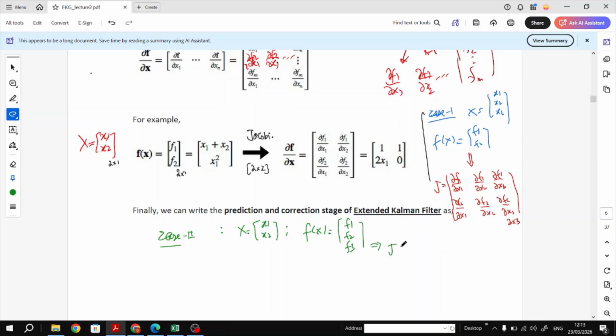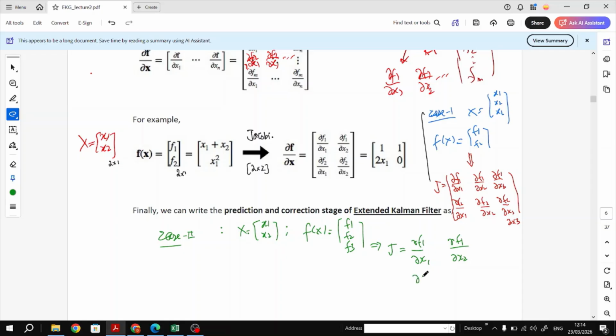Then what will be the Jacobian matrix in this case? You follow the same convention. You take the first function and calculate the partial derivative with respect to the first state variable, then with respect to the second state variable. In this case, you have only 2 state variables, so you just finish here.